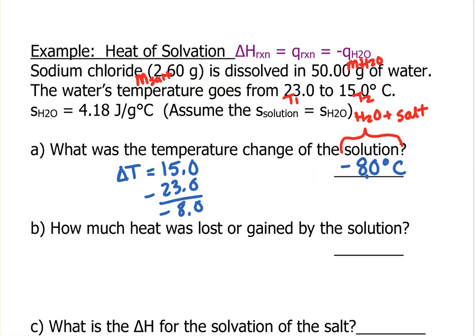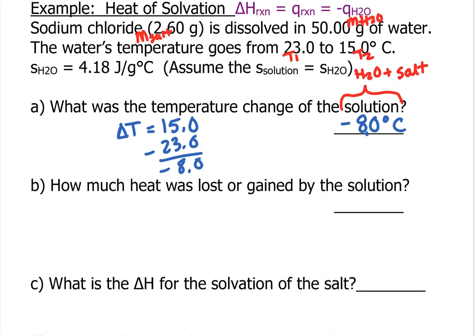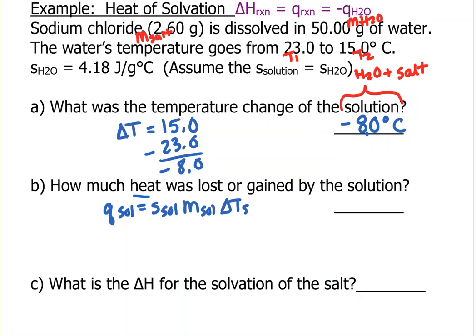So watch those positive and negative signs. Okay, we're looking for the heat for the solution. So this is our Q solution, and we're going to do everything for the solution. So this is where something's different. It tells us we can assume that the solution has the same specific heat as water. Okay, and then watch this part right here.